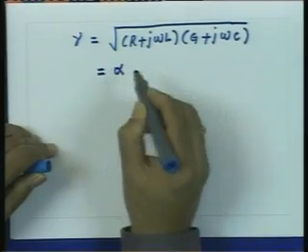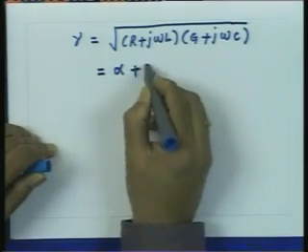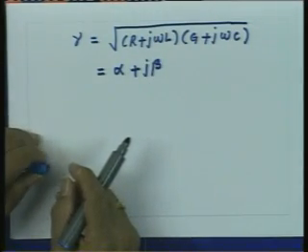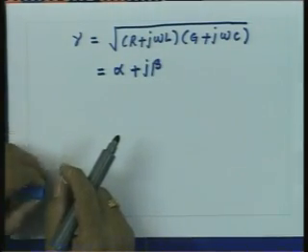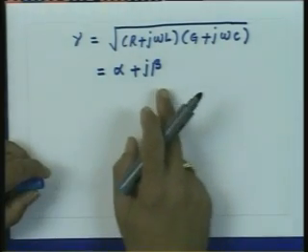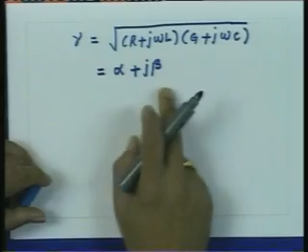As we mentioned last time, this quantity gamma in general can be written in the complex form with a real part alpha and an imaginary part beta. So, gamma is equal to alpha plus j beta. Today we will try to understand the physical significance of these two parameters alpha and beta and their effect on the signal propagation on transmission line.